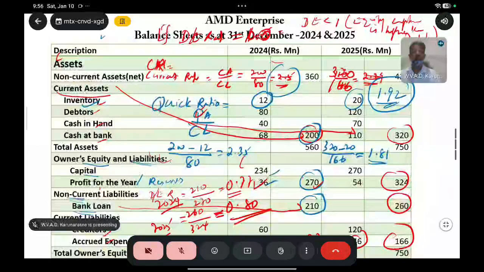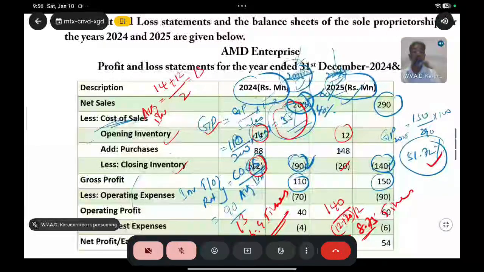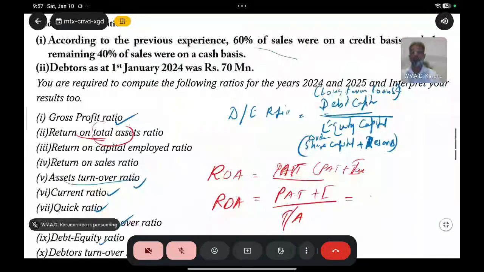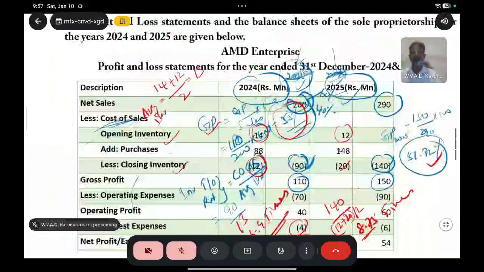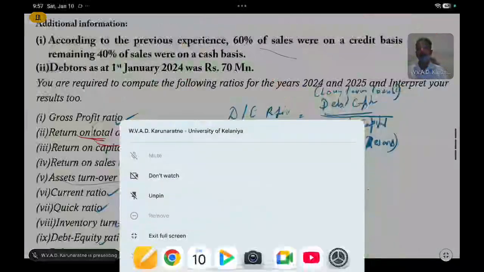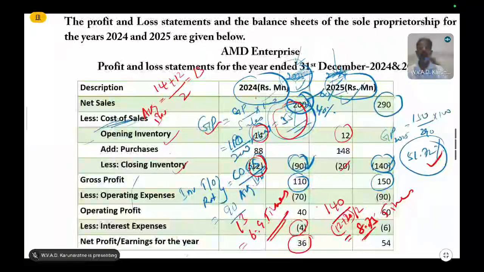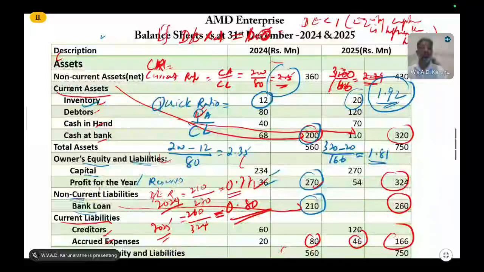Profit before tax, here profit 2024. Total assets: total asset includes non-current and current.